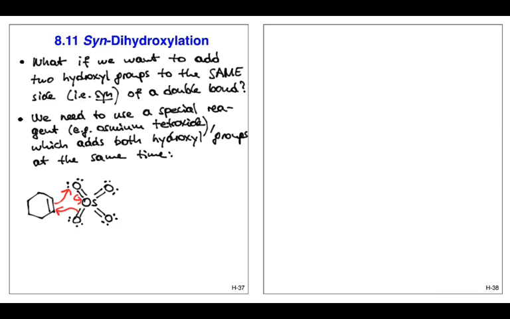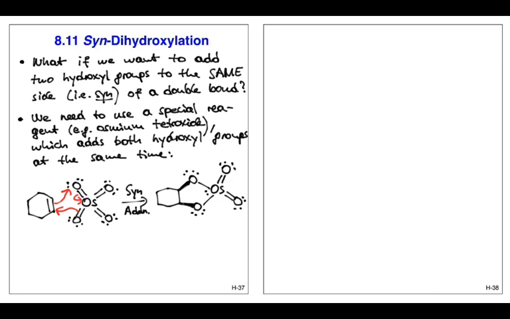You should remember this. Now, if you follow through the arrow pushing, you can see what happens. Assuming the osmium tetroxide came from the front, it gives a syn addition from the front, and both oxygens, which are now bound to the carbon atoms of the double bond, are coming to the front. We indicate this with wedges, of course.